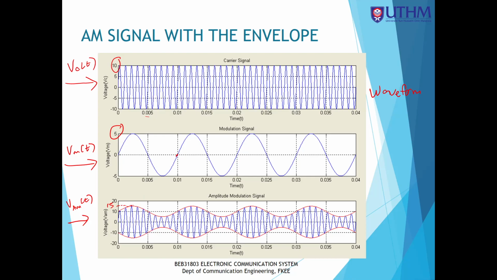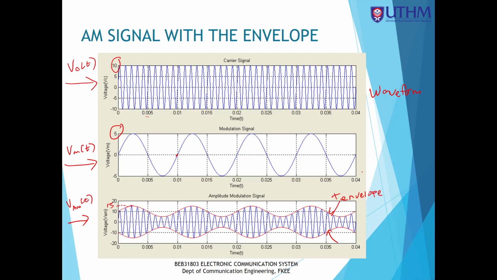And for your information, the red color line at the positive and negative side, this red color line is actually an imaginary line. It does not exist in the real world. So we just draw this red line to show that this is the envelope.